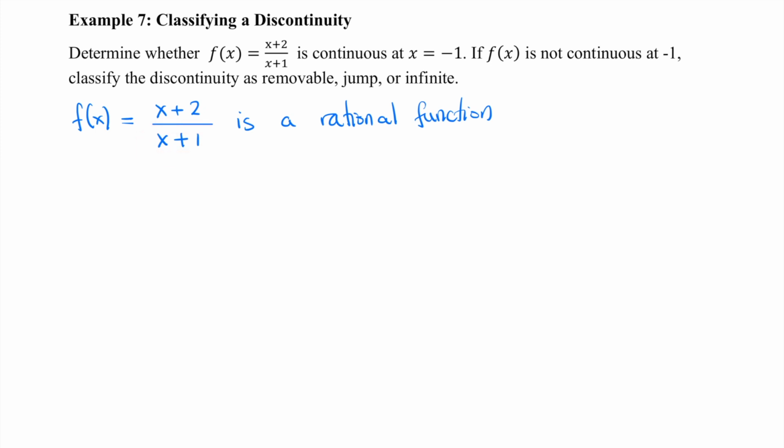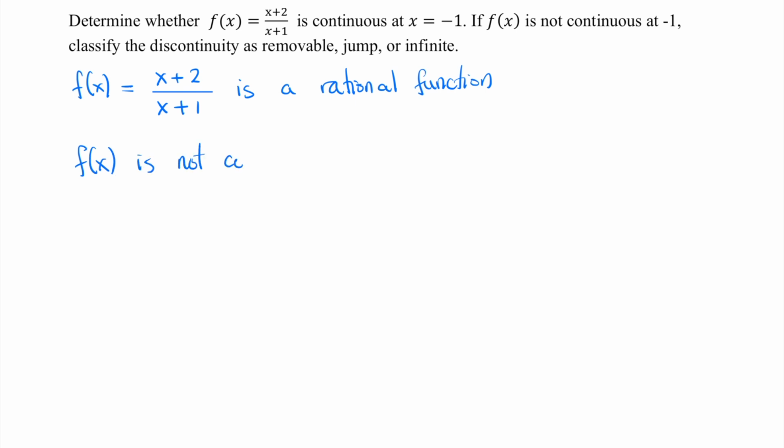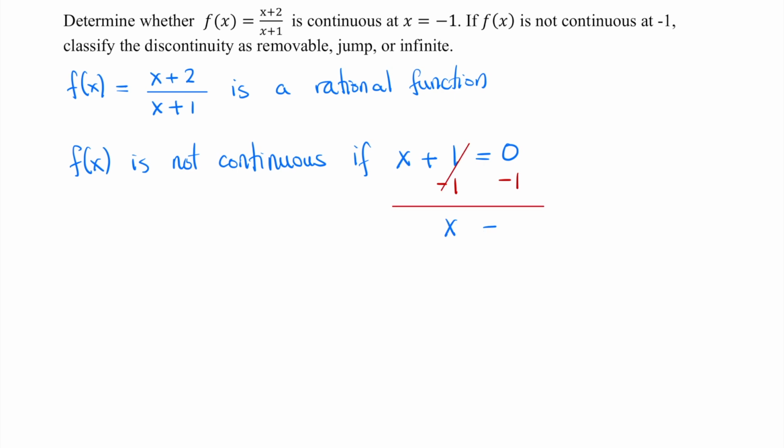That means f of x is not continuous if x plus 1 equals 0. If x plus 1 equals 0, that means x equals -1. So the function f of x is not continuous at x equals -1.